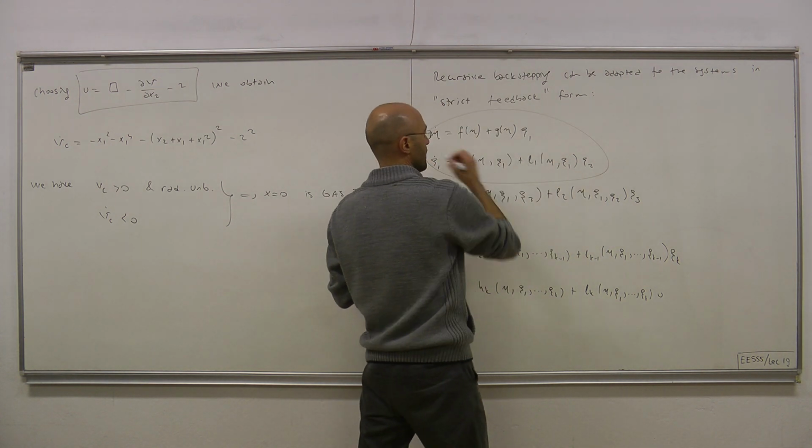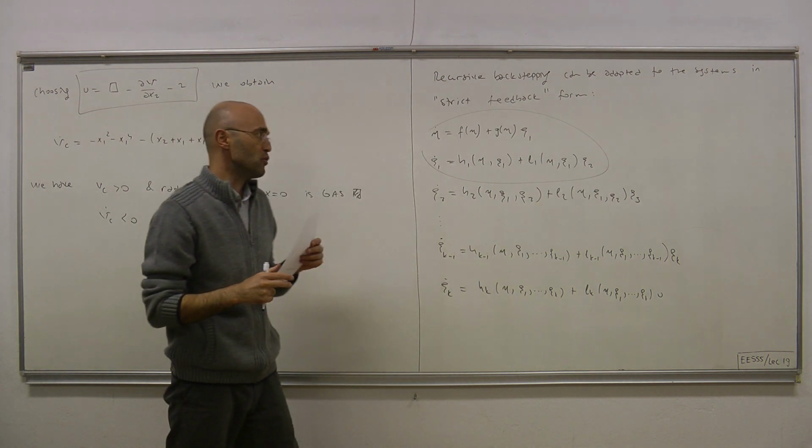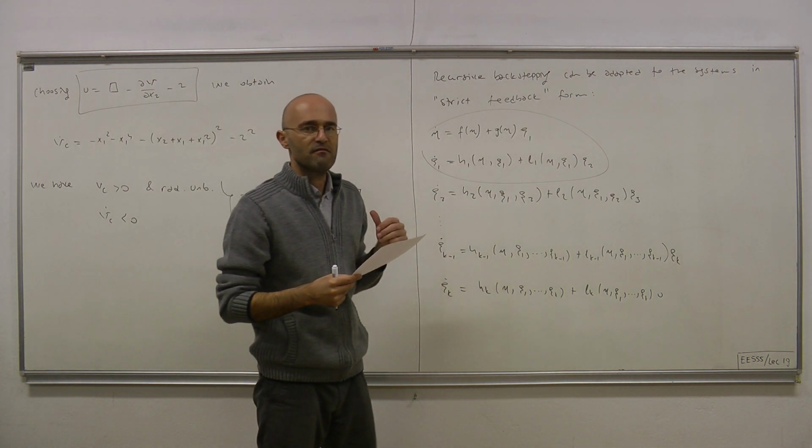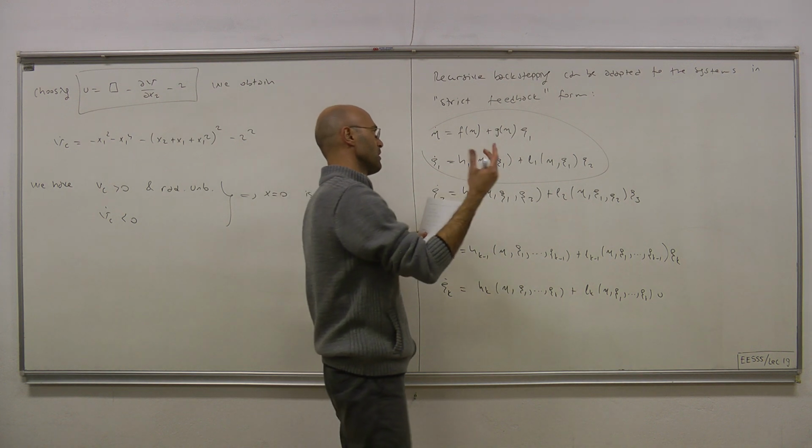And then how you construct u is, you consider first this first subsystem, and then psi1 is sort of your input, and from that you obtain the feedback, phi, or you can call it phi1.